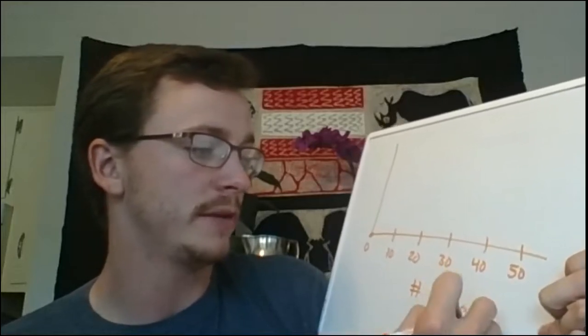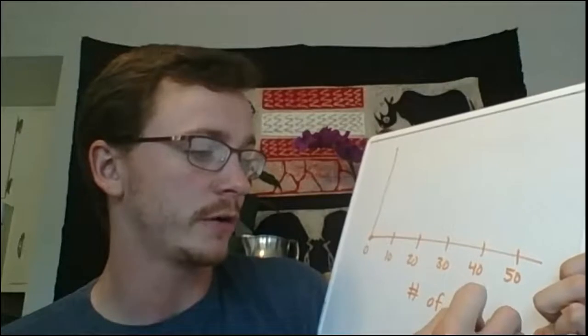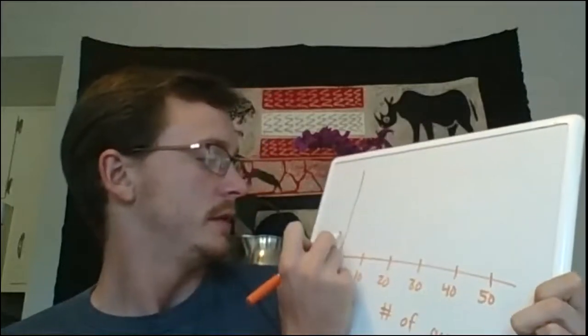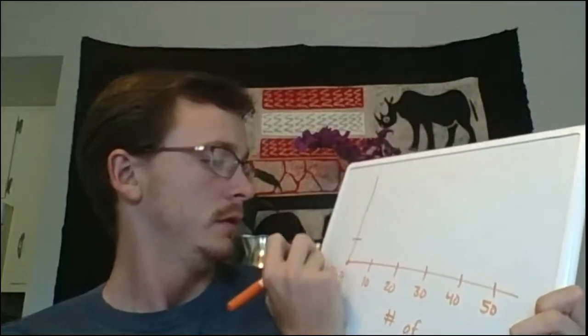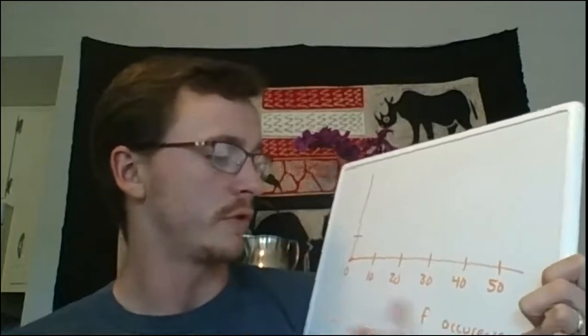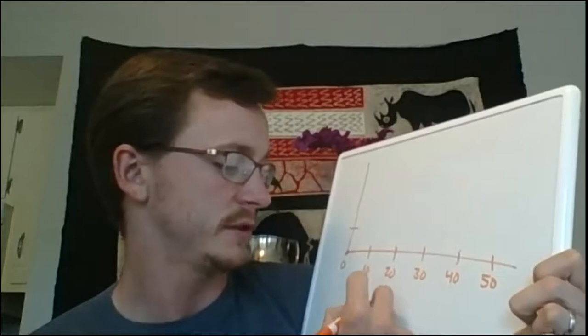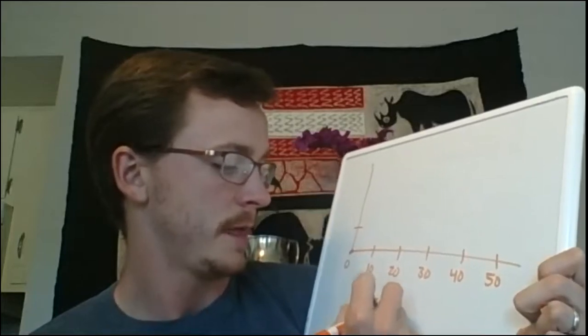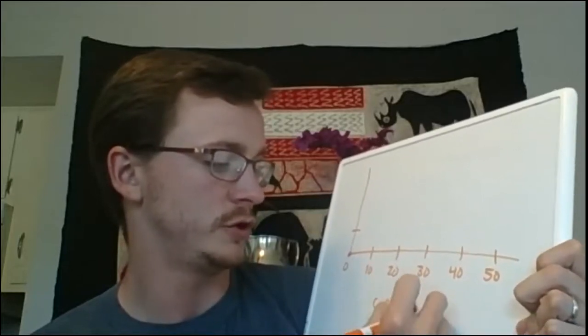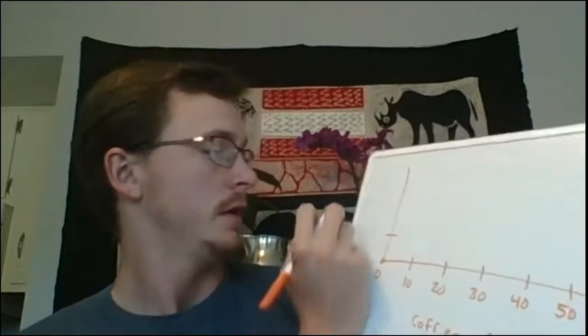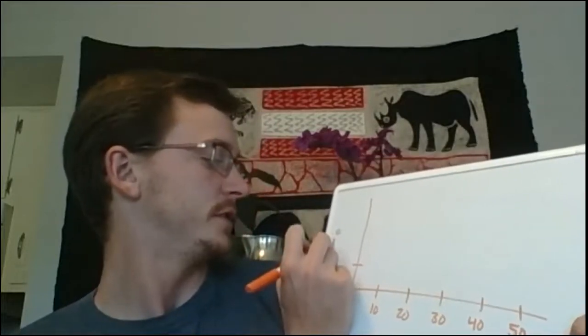The bottom one here is going to be our caffeine, which is in milligrams. Mr. Price is going to make mistakes too. And this is going to be occurrences up here.